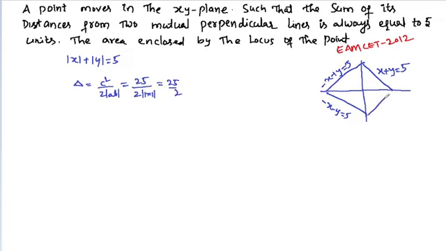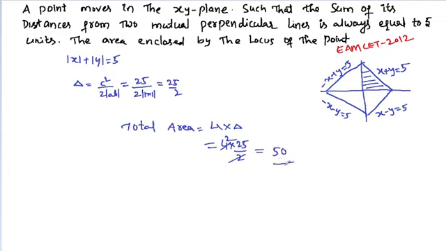And the fourth line, x minus y is equal to 5. So the area of this first triangle is 25 by 2. Therefore total area is equal to 4 into the area of the first triangle, that is equal to 4 into 25 by 2. 2 times cancel. 25 into 2 is equal to 50.